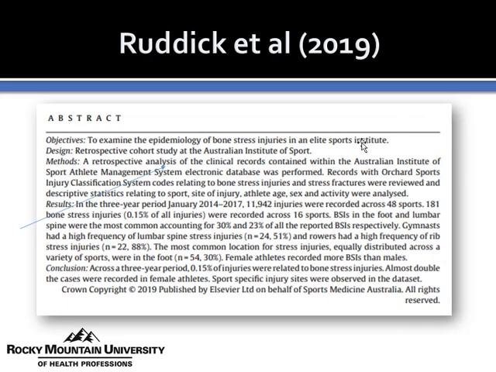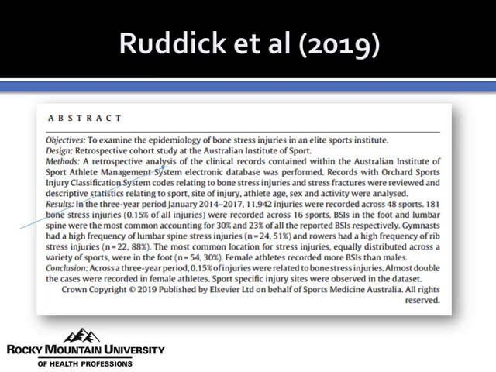And what did they do here? So methods, a retrospective analysis of clinical records contained within the Australian Institute of Sport Athlete Management System electronic database. So there you go again. There is that example on how, if you have access to those databases, you can play in that database sandbox and explore a lot of things.